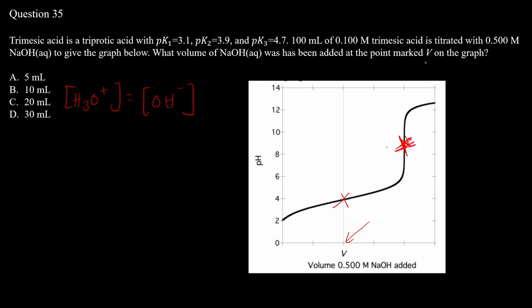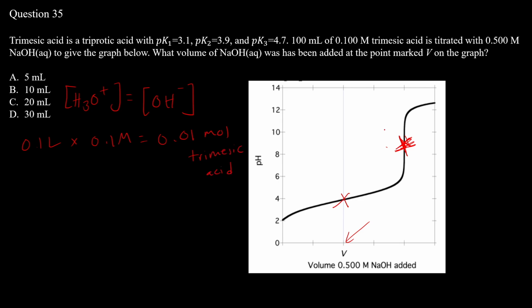So let's find out how many moles of trimesic acid are in 100 mL of 0.1 molar trimesic acid. We have 100 mL, which is 0.1 liters. Multiply that by the molarity, 0.1 molar, and that gets you 0.01 moles of trimesic acid.